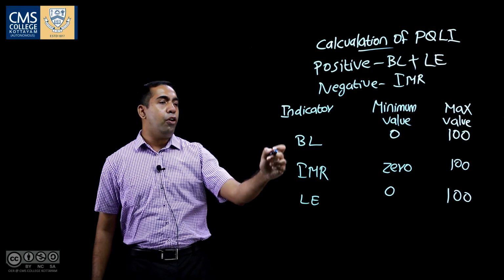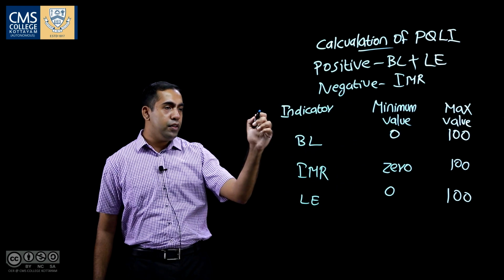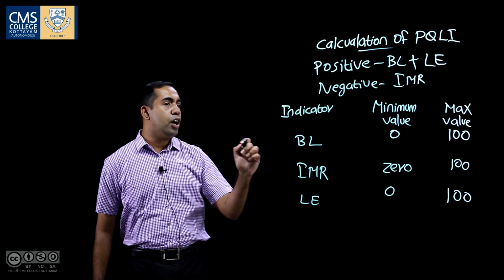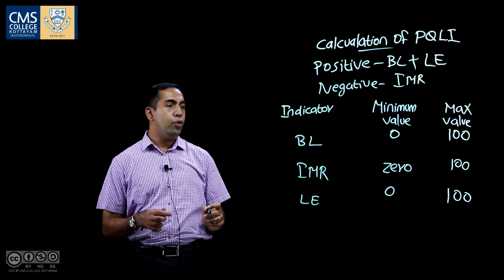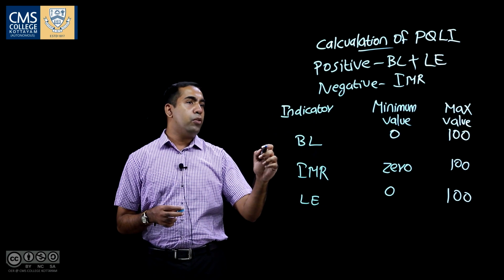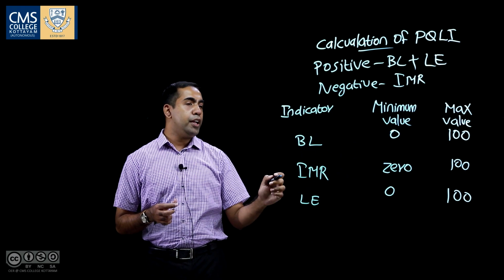For each of these indicators, the raw indicators should be converted to a normalized indicator. Next, we are going to discuss how to convert the positive and negative indicators into normalized indicators.